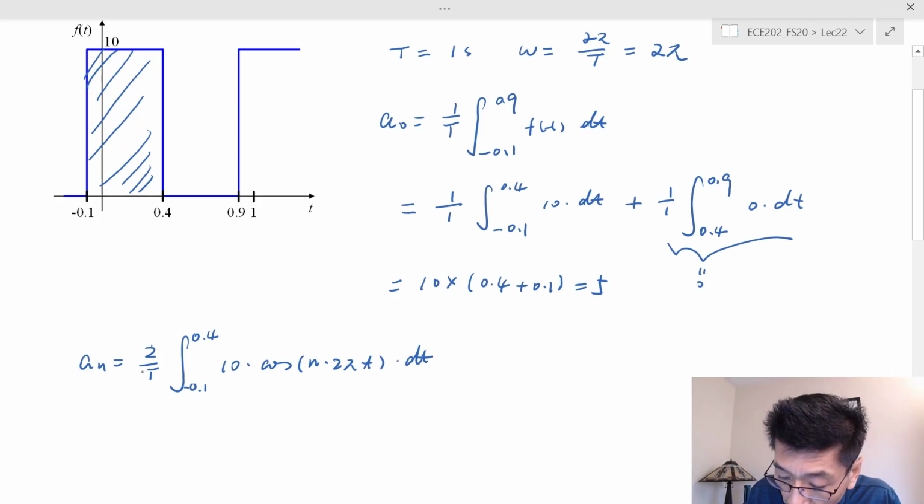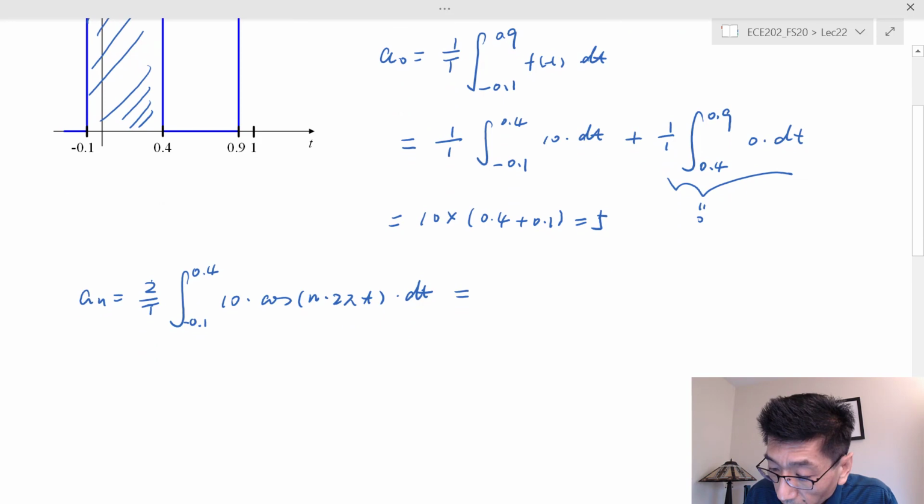If I integrate this, I replace T by 1, so I get a 2, and I also multiply this 10 out.